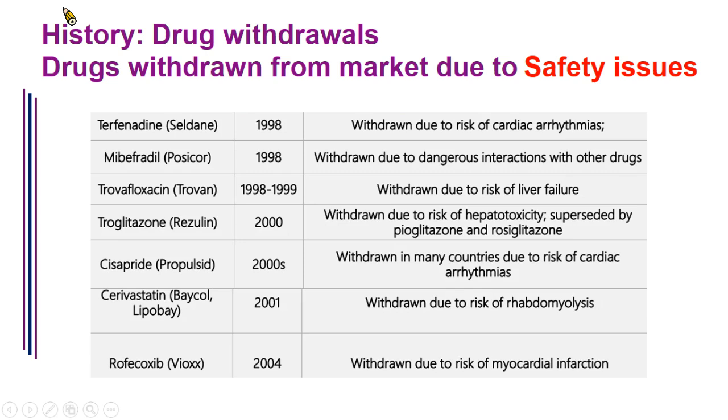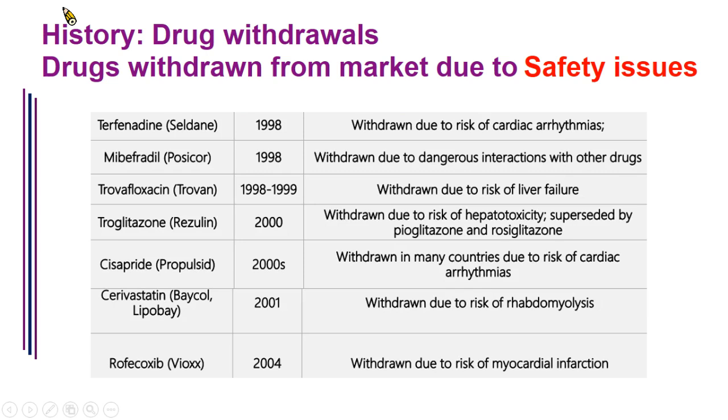So before we start, I would like to talk about a bit of history regarding drug withdrawal events. These are really true commercial drugs that have been put on the market but then have been withdrawn among countries, or at least in the States, because of several serious safety issues.